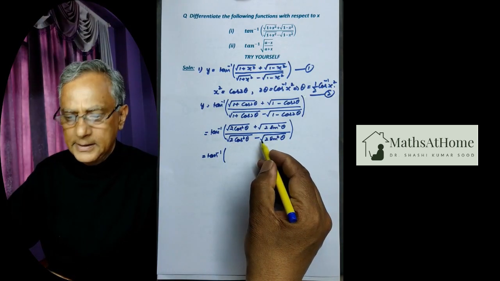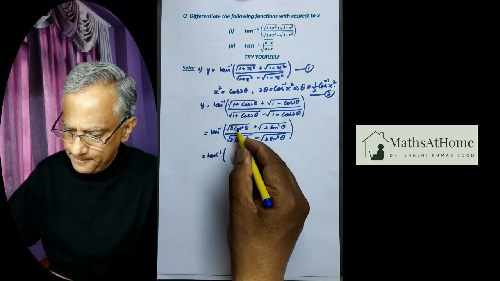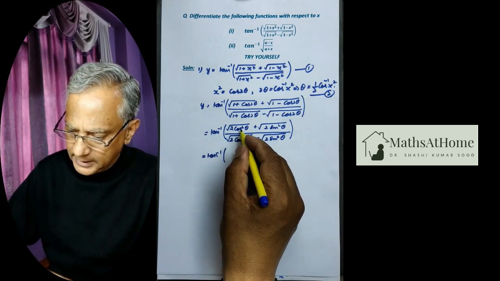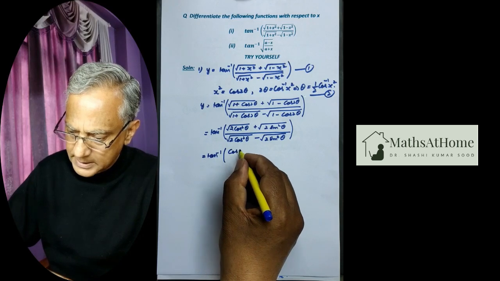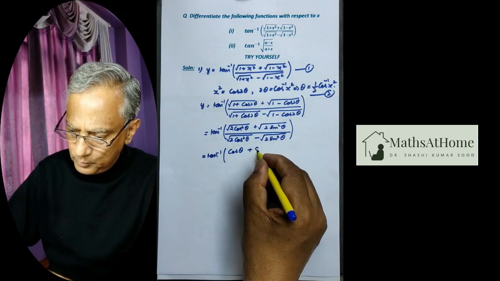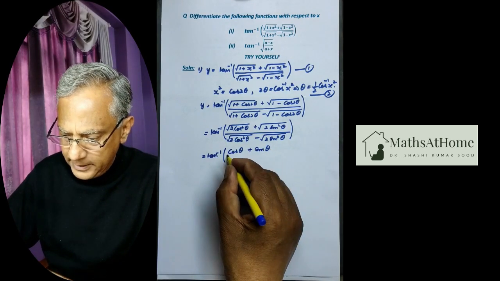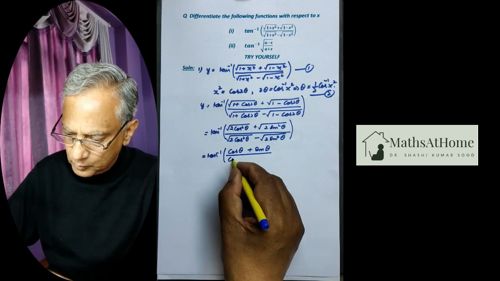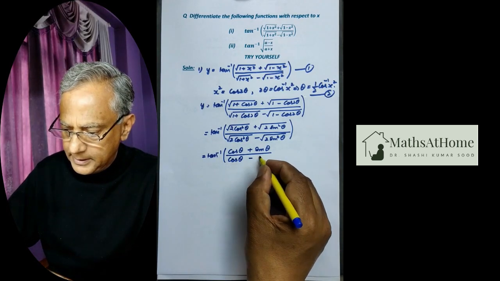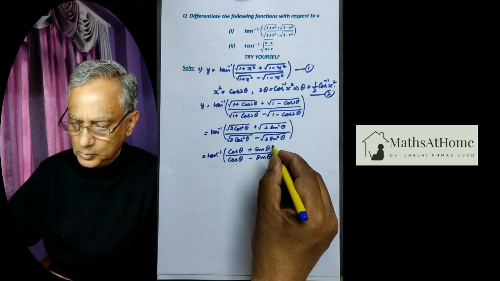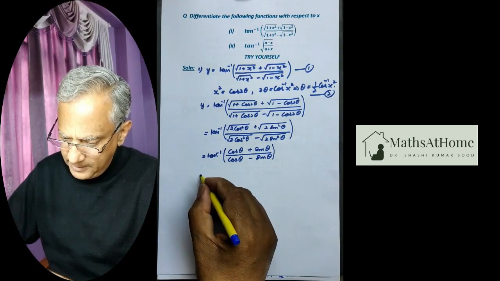Root 2 is common in the numerator and denominator and cancels, and we are left with under root of cos square theta, that is cos theta plus sin theta whole divided by cos theta minus sin theta.